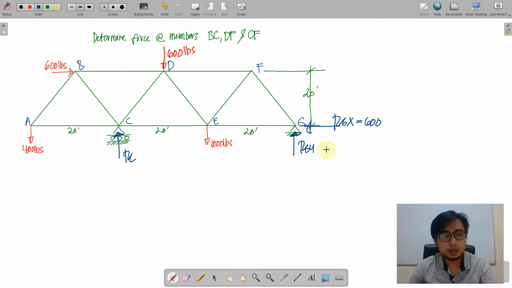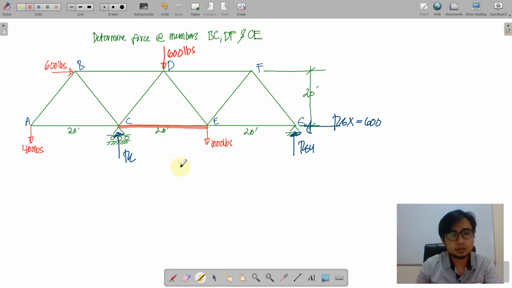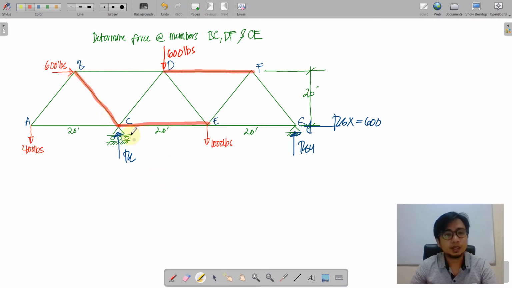And then we now note the unknowns here. We have member BC, member DF, and I think this should be CE. So those are the scattered unknowns, BC, DF, and CE.